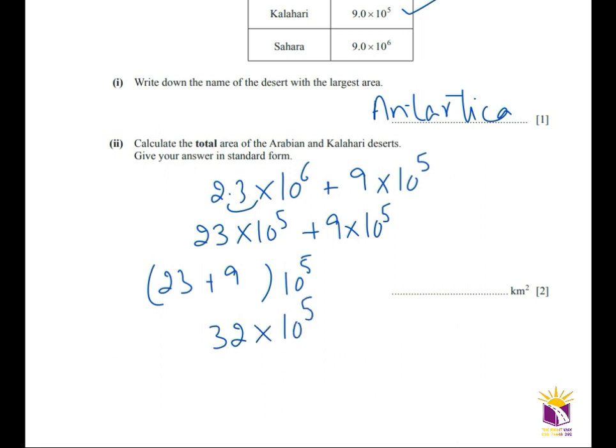For writing into the standard form, I am moving my point backward to 3. So it will become 3.2 into 10 raised to power 6. Now 1 is added in the power because we are moving our point to the left. So our answer will be 3.2 into 10 raised to power 6.